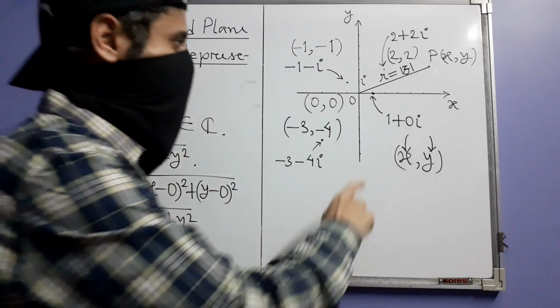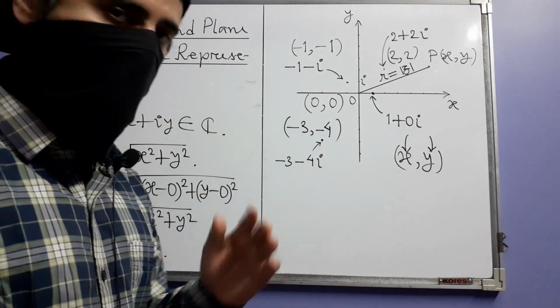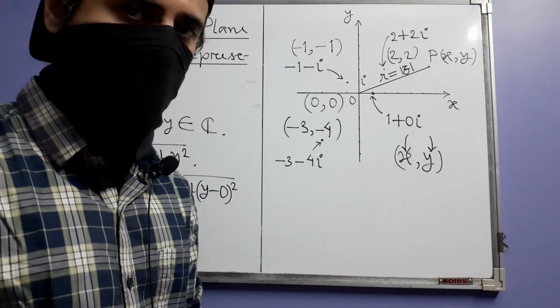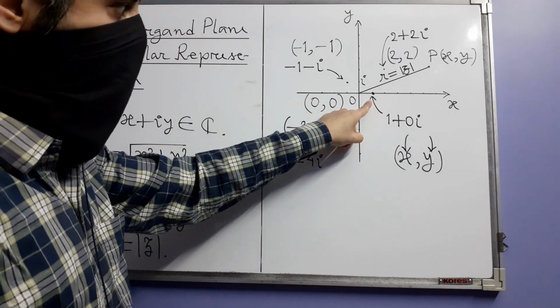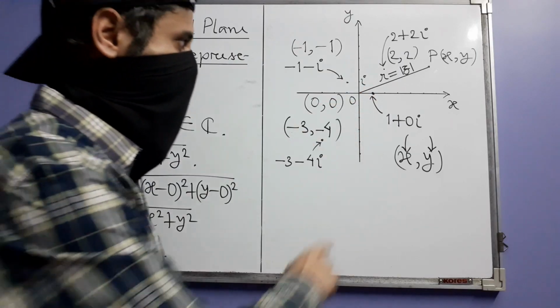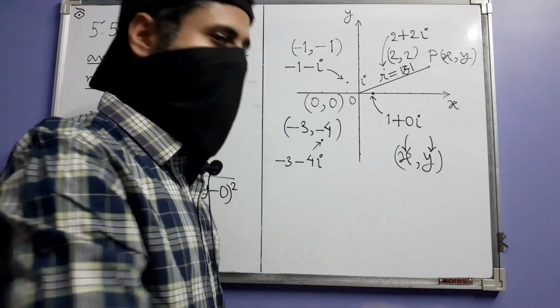Like that, the points on the x-axis also have two coordinates. The y-coordinate is consistently 0. The x-coordinate, however, will change. For example, this point, which is at unit distance from the origin and on the x-axis to its right, has the coordinates 1, 0.